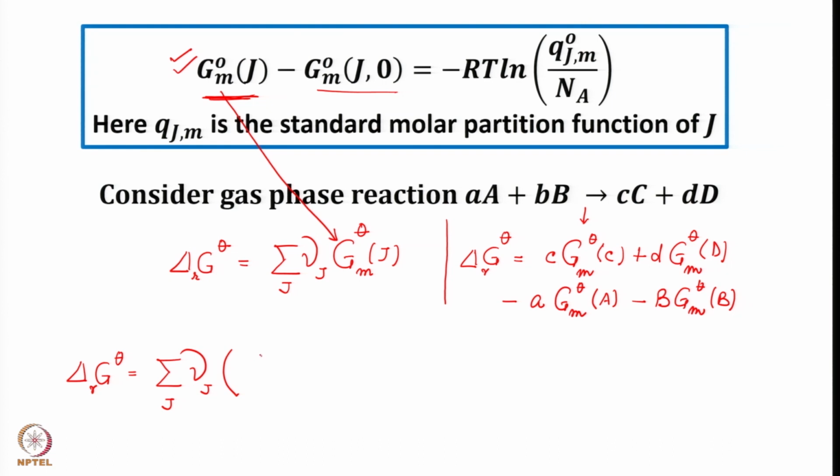This is equal to Gm naught J at absolute 0 minus RT log Qjm naught by Na.